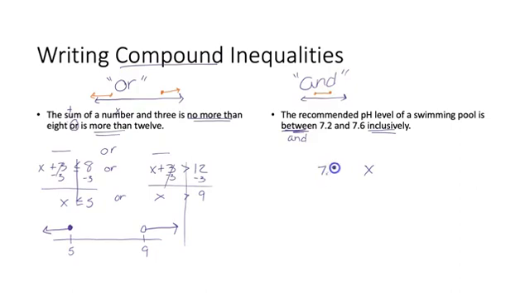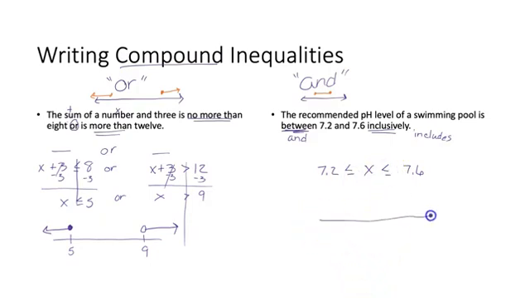So 7.2 is over here, 7.6 is over here, x is bigger than or greater than 7.2, and it's less than 7.6, but this word inclusively, well, it's like the word includes. It's part of the solution, so that means it's also equal to.